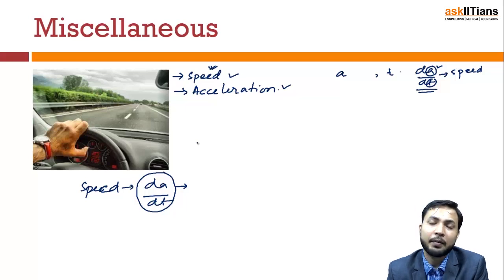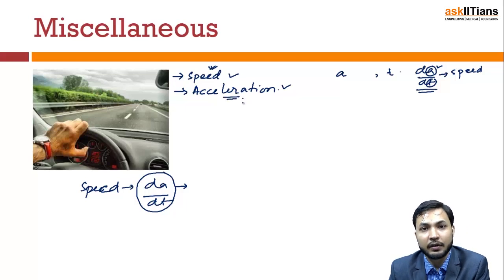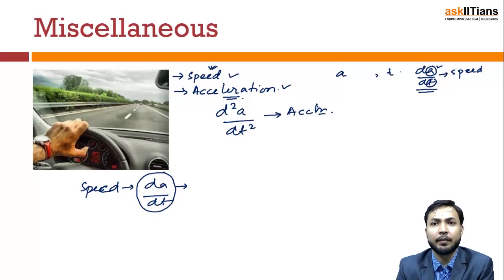When I press the accelerator, I get acceleration, and that gives me a rise in speed. That is the derivative of speed. If you differentiate speed once more, that becomes acceleration. This is an important aspect.